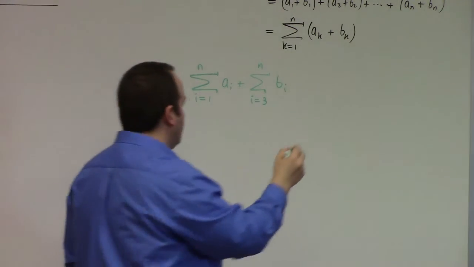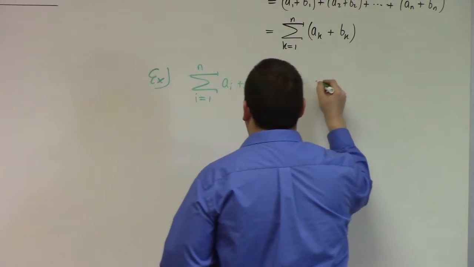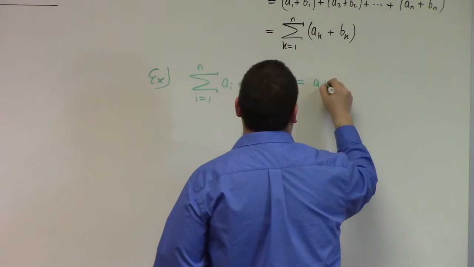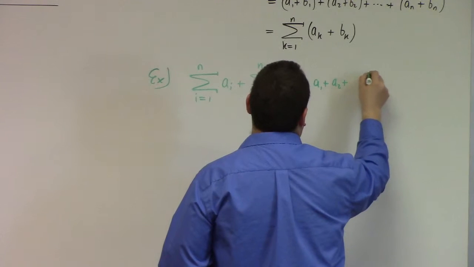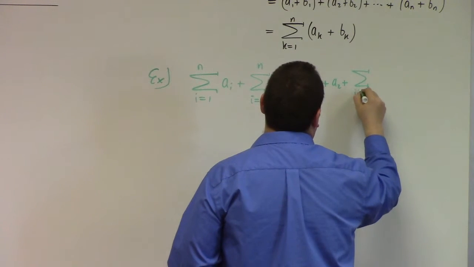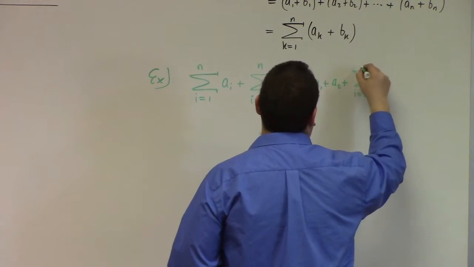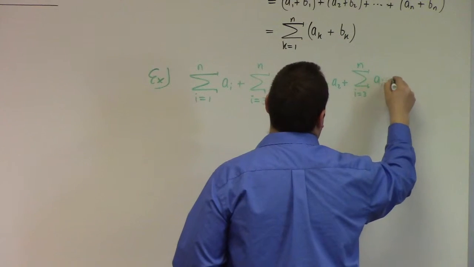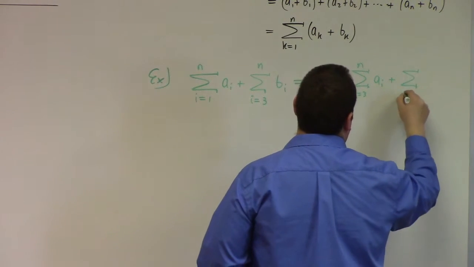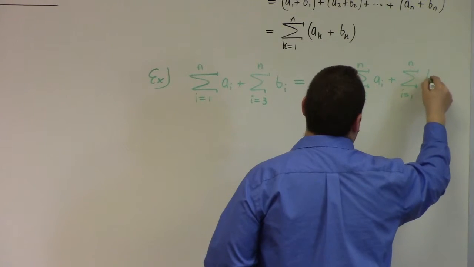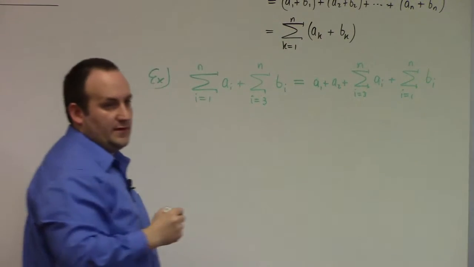Then what I would do anyway is I would say, well, that's a1 plus a2 plus the sum i equals 3 to n of a sub i plus the sum i equals 1 to n of b sub i. And this is an important idea.